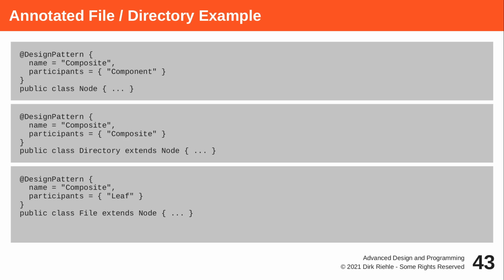First box, design pattern named Composite, has participants component and composite and so forth. And here you assign it to class node in the directory example, where you're saying the node is the component participant from the composite pattern. And for the directory class, you would say it's the composite participant from the composite pattern.